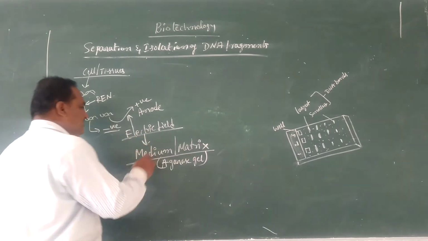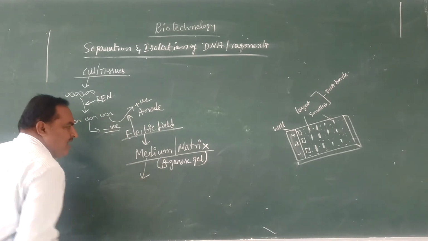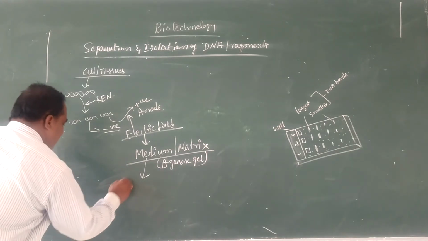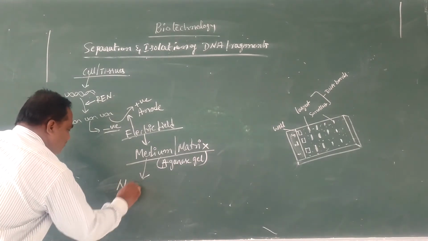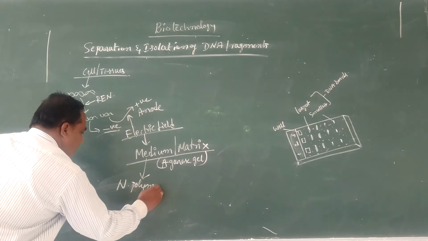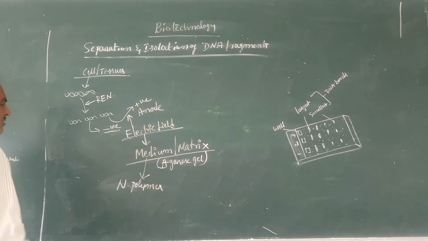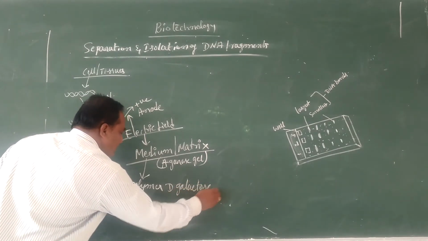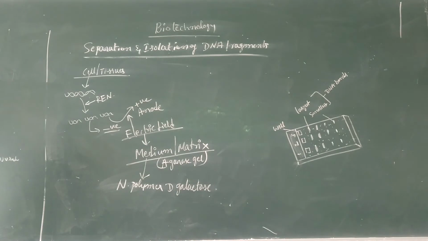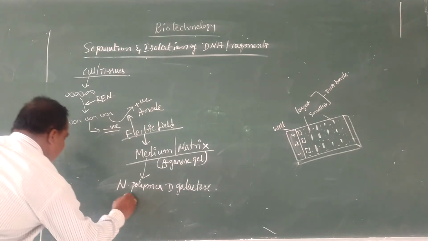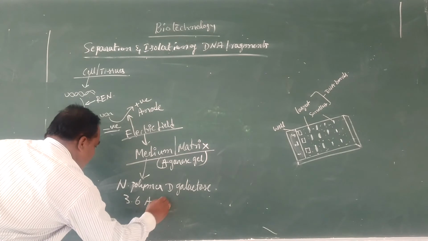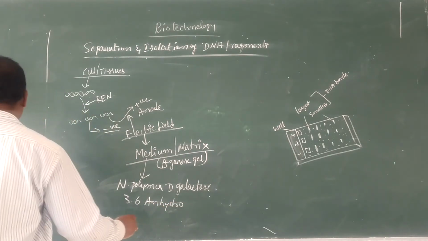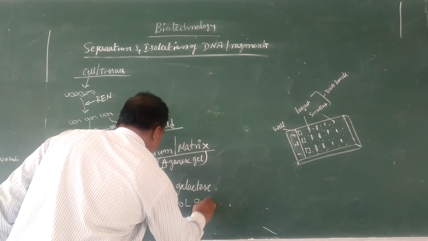Here the agarose gel is chemically made up of a natural polymer of D-galactose and 3,6 anhydro L-galactose.